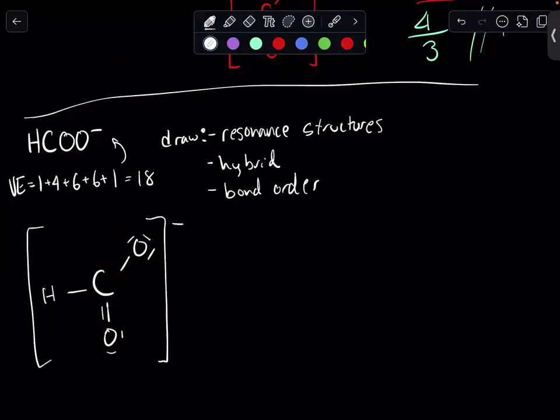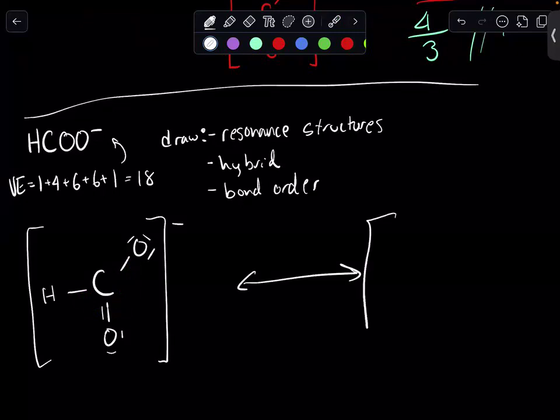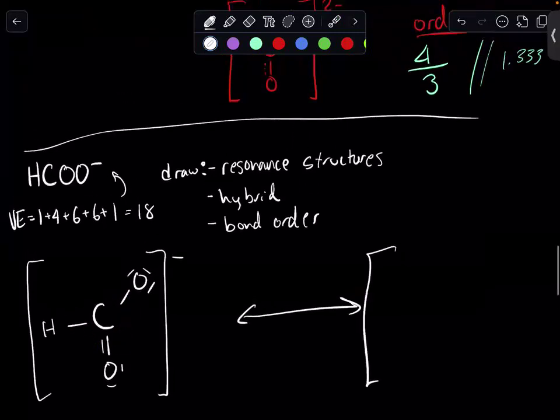Now I notice that there are 2 possible positions for this double bond. It cannot go with hydrogen because hydrogen can only have 2 electrons. So this double bond would not exist here. The resonance can only be between these atoms of the same element. So I will go ahead and draw my resonance structure as such.